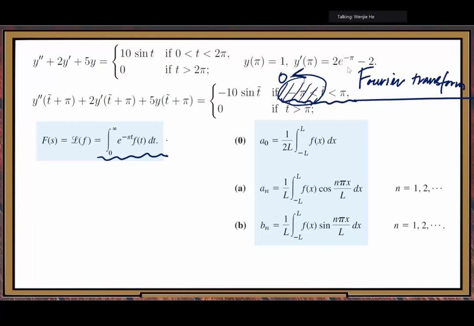But for the Fourier transform, when you calculate the coefficients, we use both sides. Although this formula is for periodic functions, applied on periodic functions.